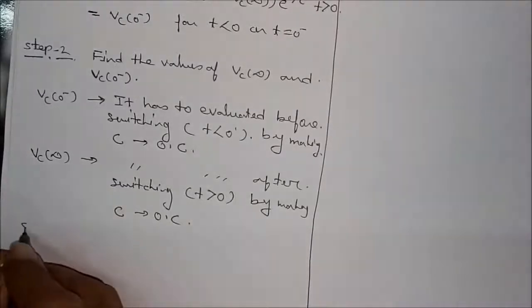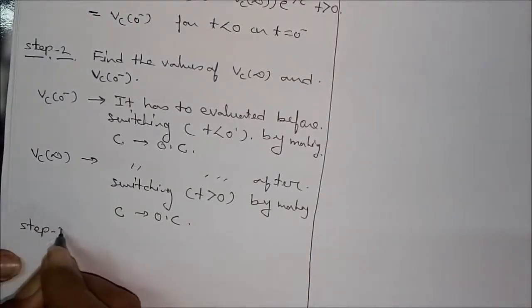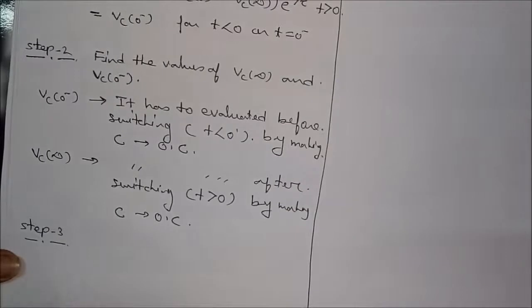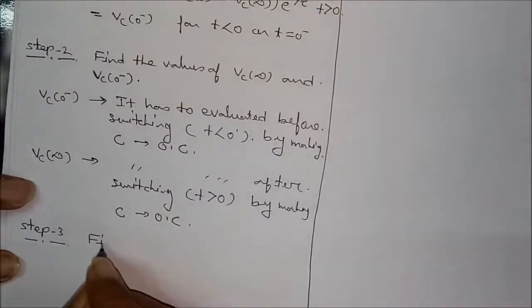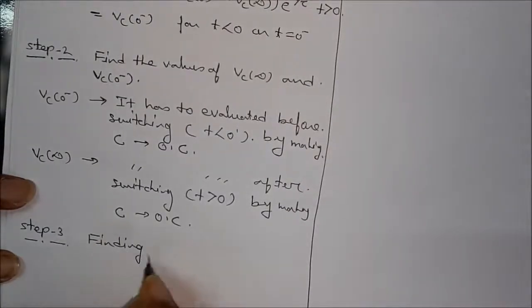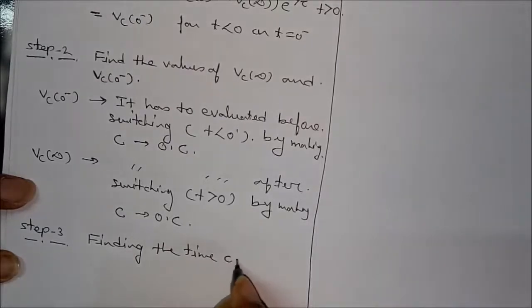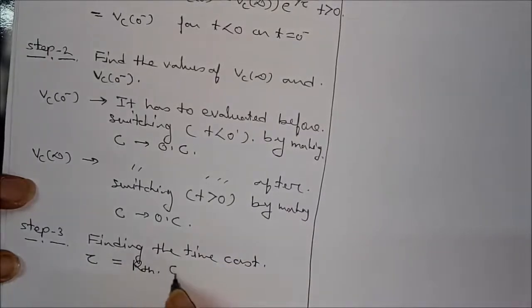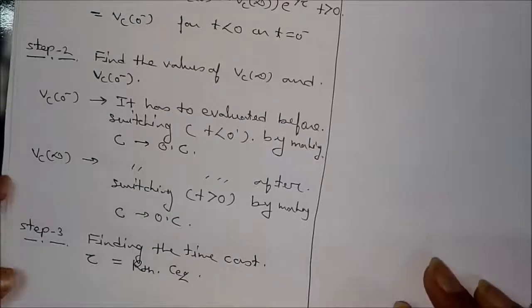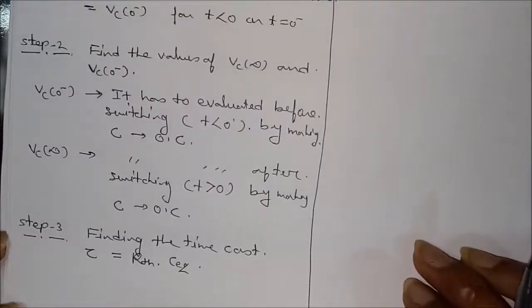Now step 3 is finding the time constant. Tau is equal to RTH into C equivalent.